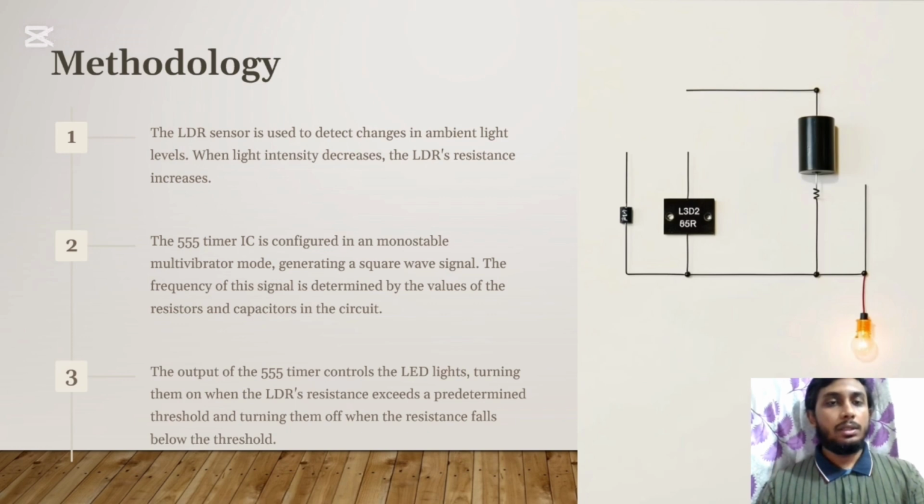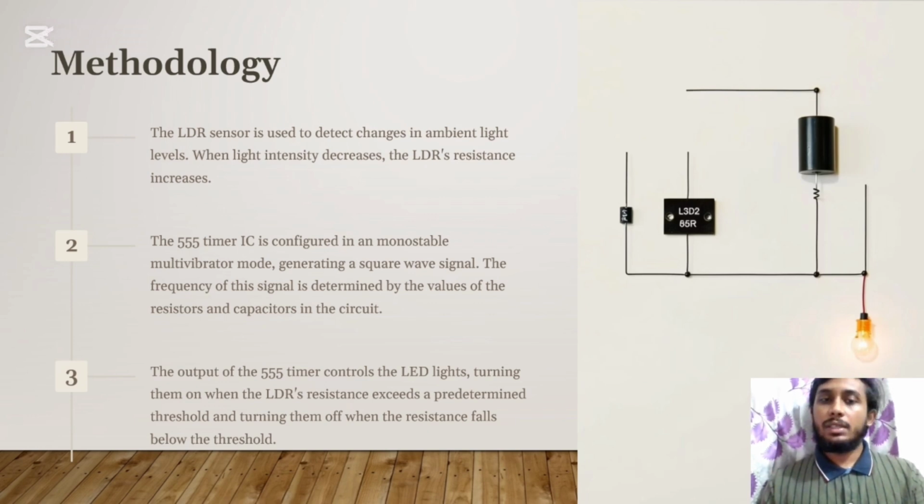The methodology is that the LDR sensor is used to detect changes in ambient light levels. When the light intensity decreases, the LDR resistance increases. As I have already told you about the LDR, the 555 timer IC is configured in a monostable multivibrator mode, generating a square wave signal.